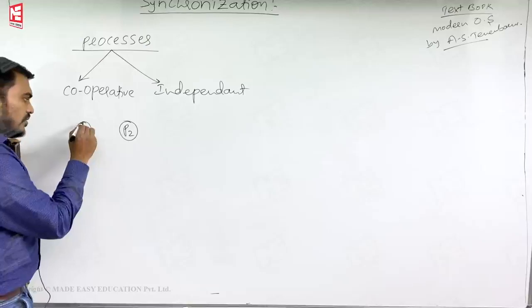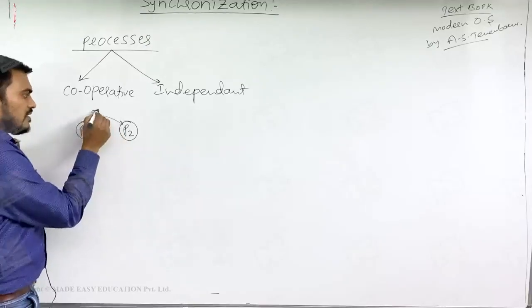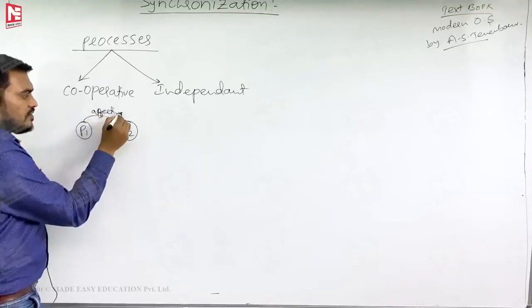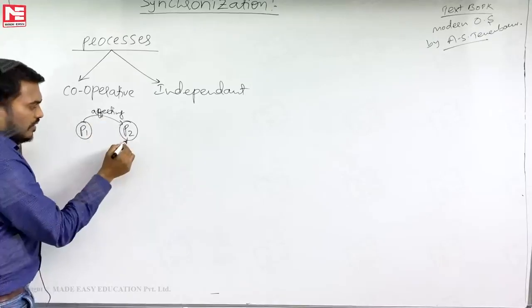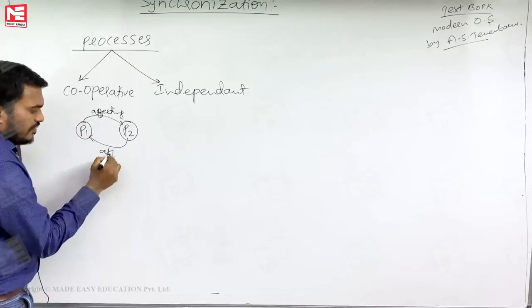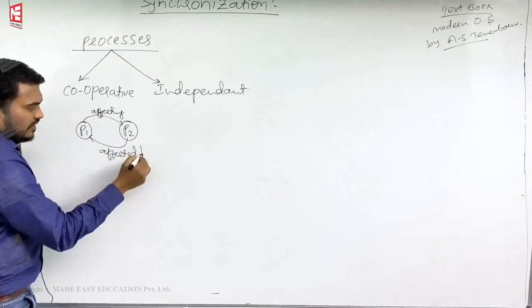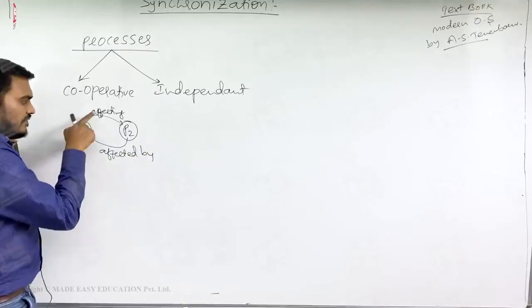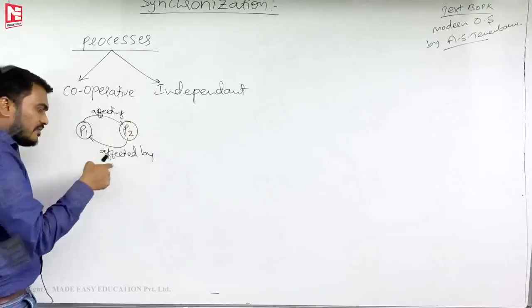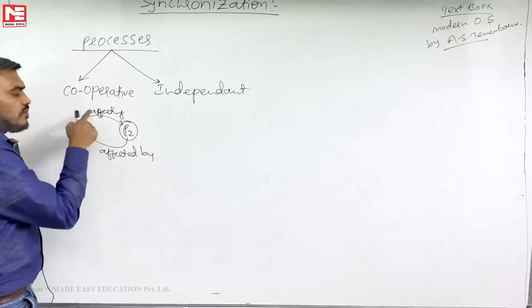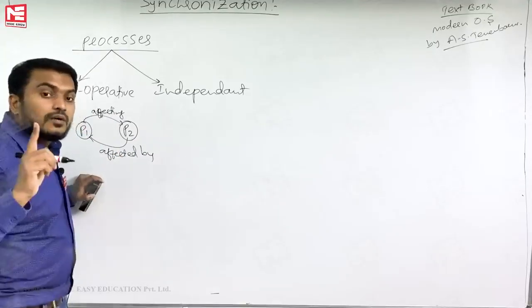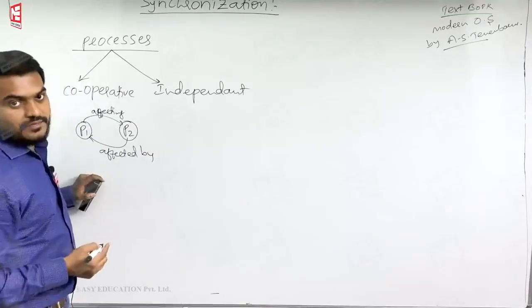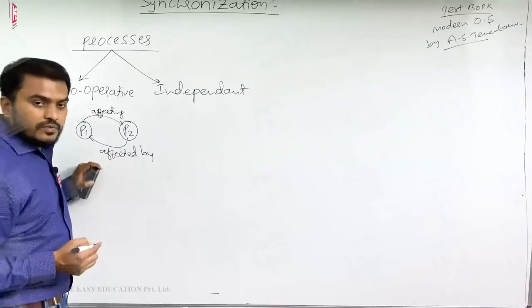Execution of P1 is affecting P2 or is affected by P2. Then these two processes are said to be cooperative processes.